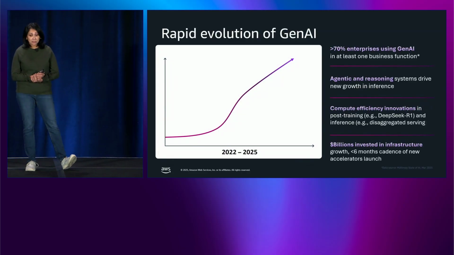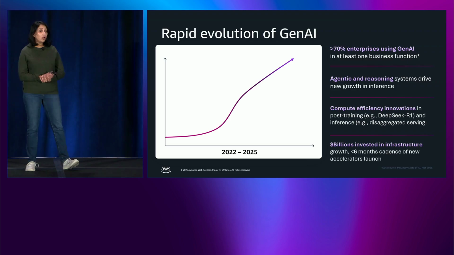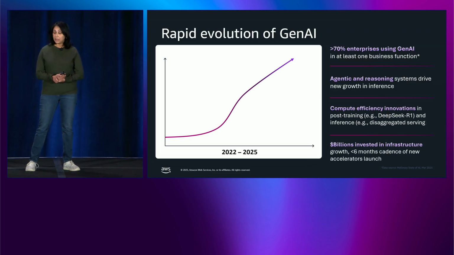In fact, over 70% of enterprises are already using AI in at least one function. And it's not just chatbots anymore. Reasoning systems and agentic workflows are creating new efficiencies and growth.